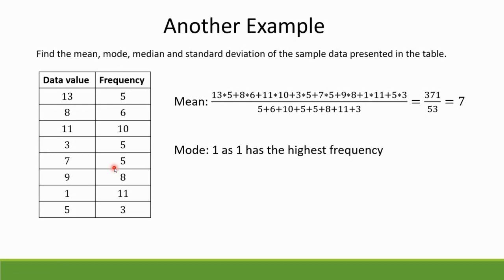And then of course you have to divide by the sum of the frequencies. So again, you multiply each data value with its corresponding frequency, add those products up, and then divide by the sum of the frequencies. It turns out this is what you get, which turns out to be 7. So the mean here is 7.